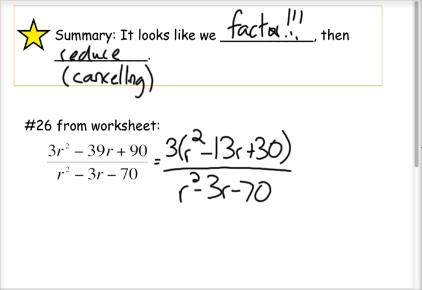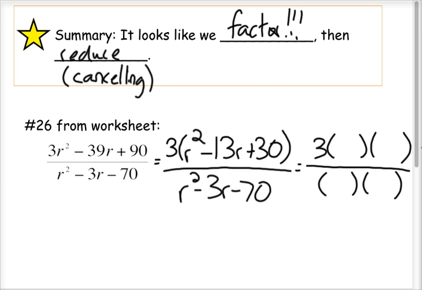So now I want you to notice we have two quadratic trinomials. So that means now, after I pull out that 3, I'm going to start breaking everything down into the two parentheses. That's how we handle quadratic trinomials. So on the top, r squared minus 13r plus 30.